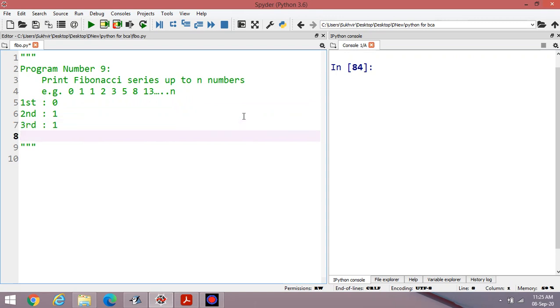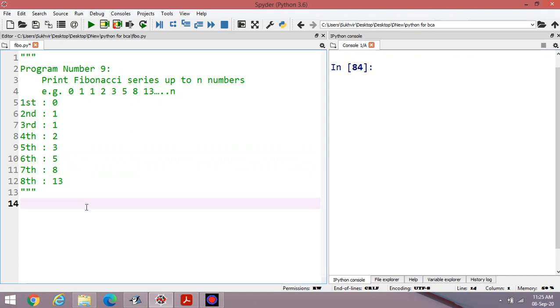Then fourth, the answer is equal to 2, fifth, the answer is equal to 3, sixth, the answer is equal to 5, seventh, the answer is equal to 8, then eighth number in this series is equal to 13.